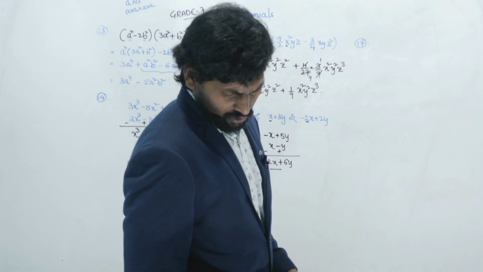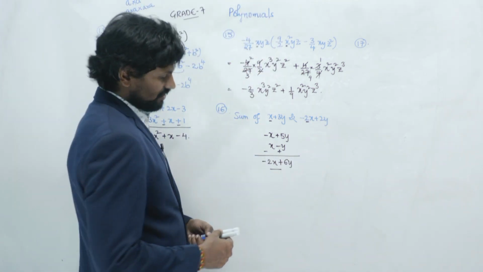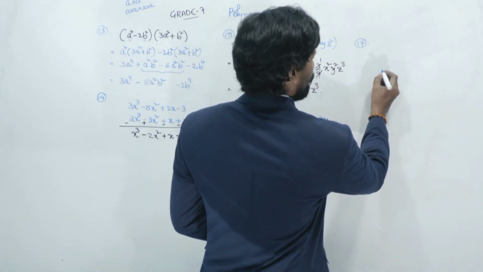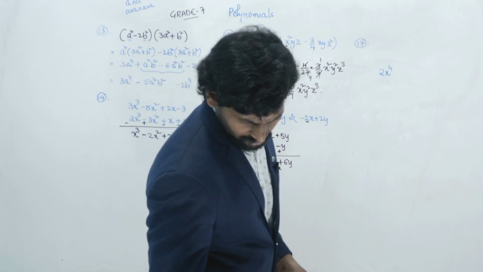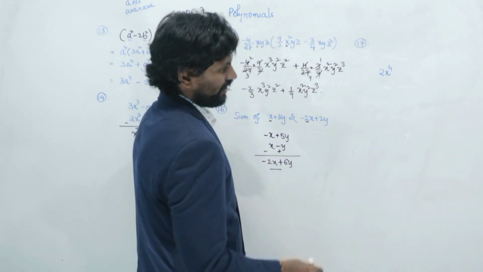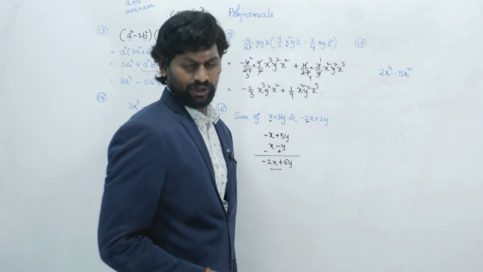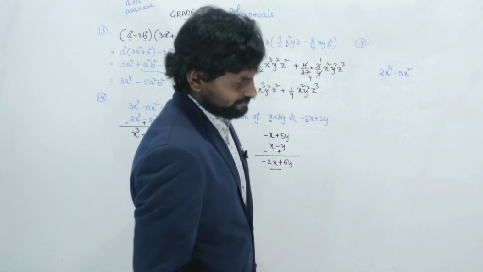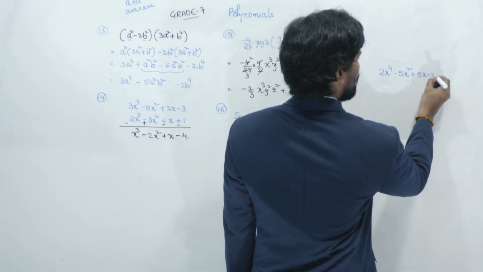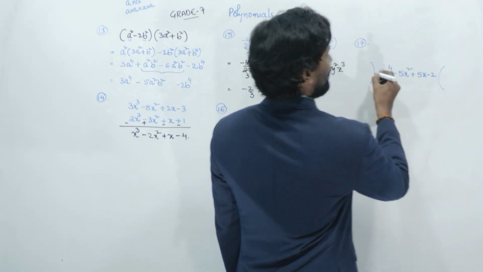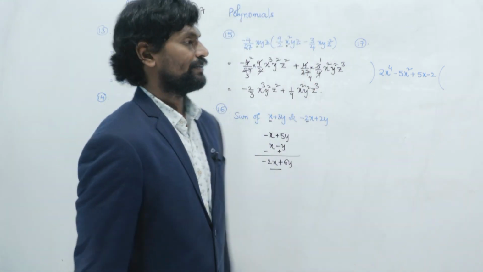So what is the given polynomial? 2x power 4 minus 5x square plus 5x minus 2. This is a very important question. This entire polynomial should be divided by x minus 1.